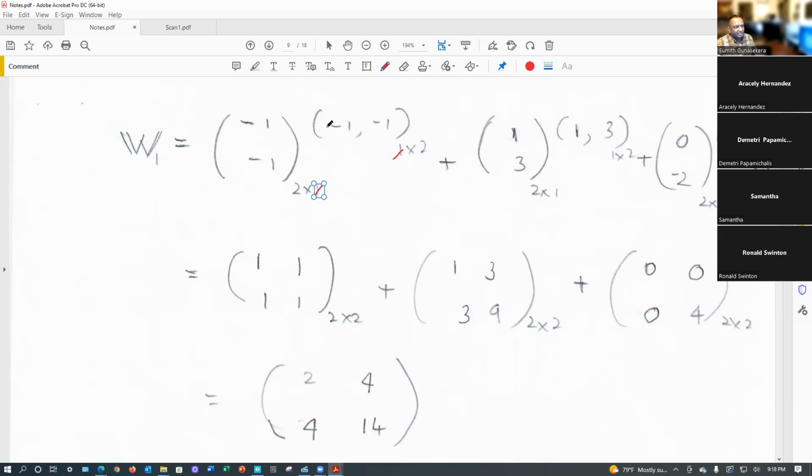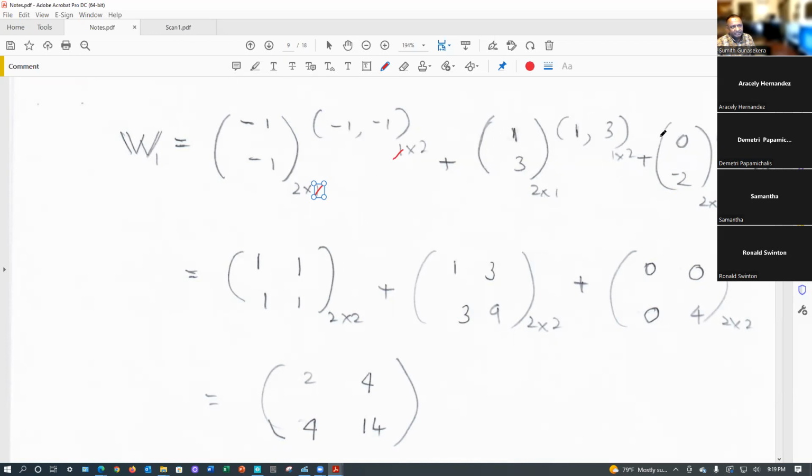This time, first row, first column: minus 1 times minus 1 is 1. First row, second column, second row, first column, second row, second column. I'm building this up right there. Same way here: first row, first column, first row, second column, second row, first column, second row, second column.